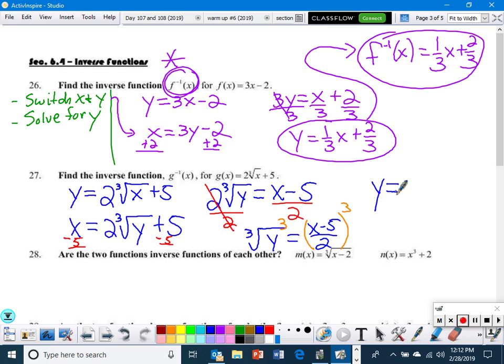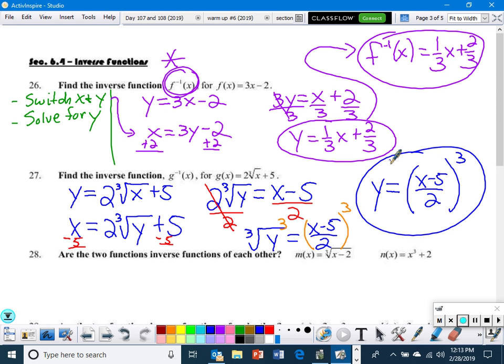And then we just leave that x minus 5 over 2 all cubed. We just leave it like that. Okay, and then I should rewrite that, so I'm going to cross this y out and put the inverse. It should be g to the negative 1 x. So the inverse of g equals x minus 5 divided by 2 cubed.